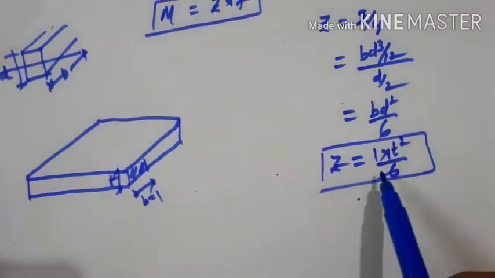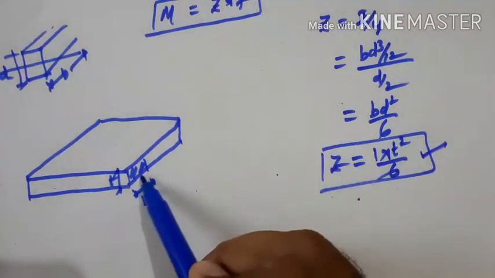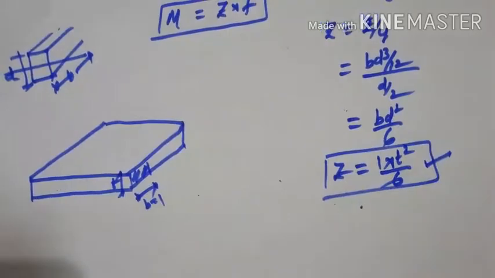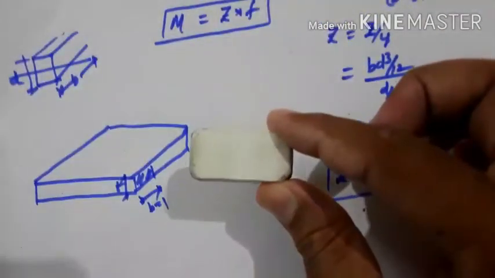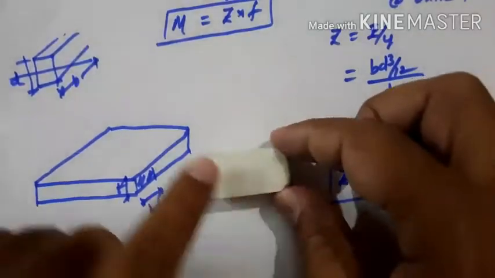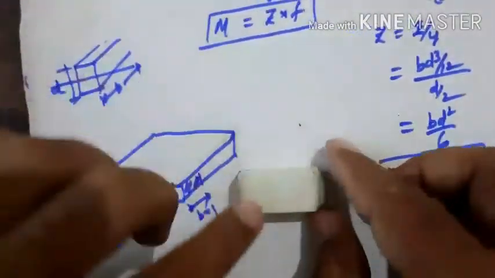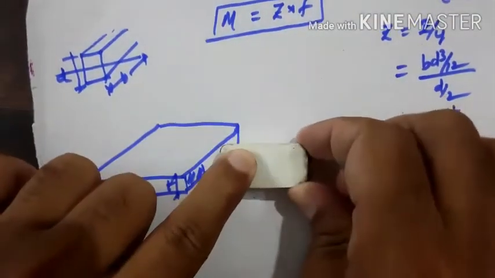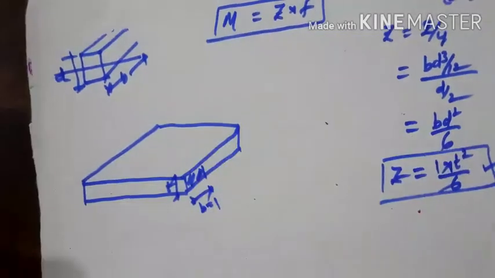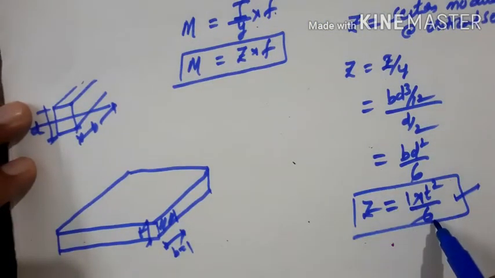So this section modulus is for unit width of the plate, for 1 meter width of the plate. Suppose this is the plate for unit width, it will try to bend like this. I hope you understood this one. That is 1 into t square by 6.